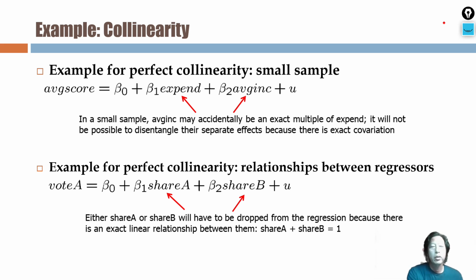So going back to the average score in the school, expenditure per student and average family income. Again, we can easily expect that school expenditure per student is highly correlated with average family income, right?